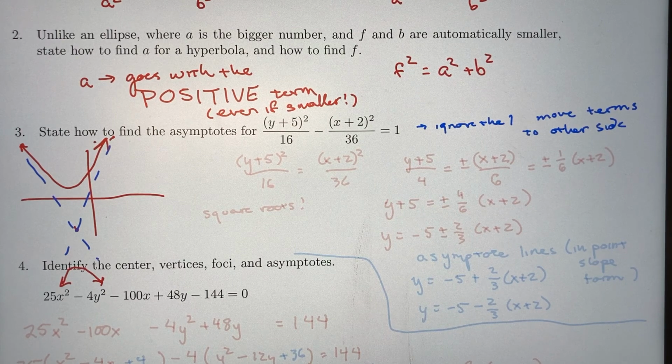If the y term is negative, I move it and switch signs, because I want to have y plus 5 squared over 16 equals x plus 2 squared over 36. Then I take the square roots. So I have y plus 5 over 4 equals, when you take a square root, it's plus or minus. There's two different lines.